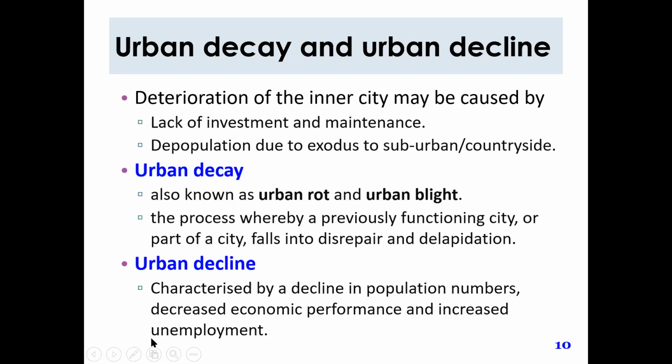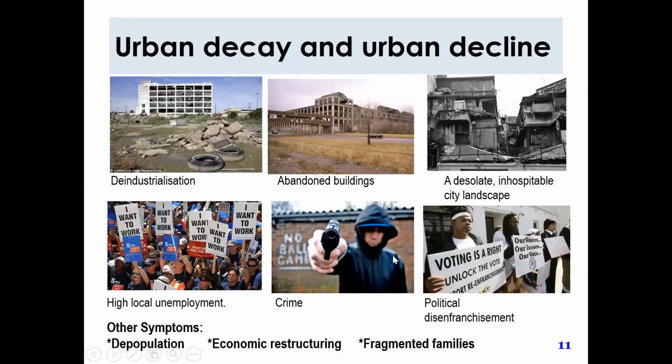Urban decline is characterized by a decline in population numbers, decreased economic performance, and increased unemployment. So decline is the bigger picture. It's a bigger concept, meaning it's a decrease in population numbers, in economic performance, and also in relation to that, increased unemployment.